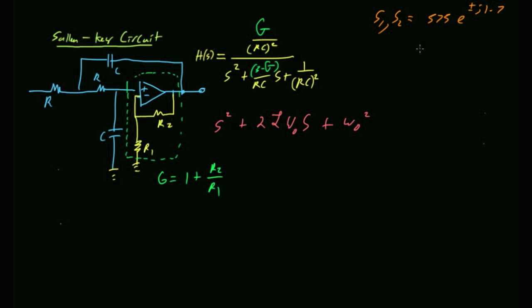So I'm going to employ a little shorthand. We talked about this: when you have complex poles, I'm just going to rewrite this over here so we can have it closer to where we're working. My poles are at 575 angle plus or minus 1.7.